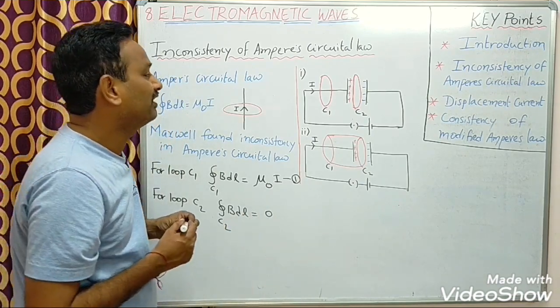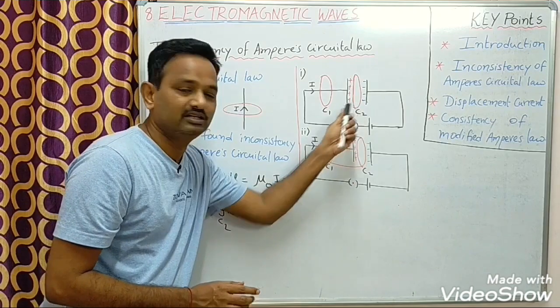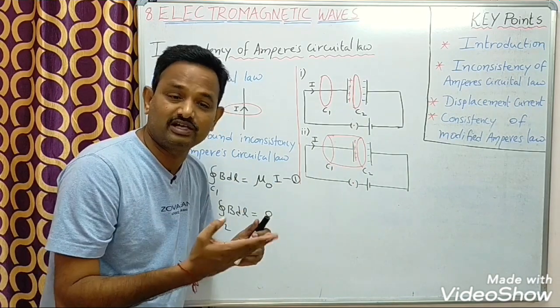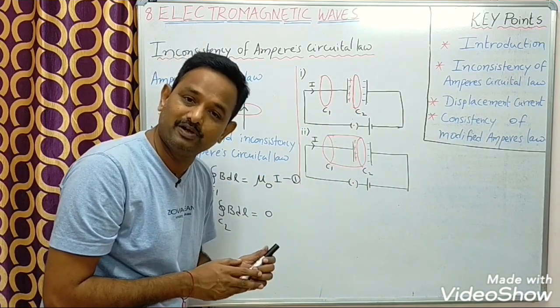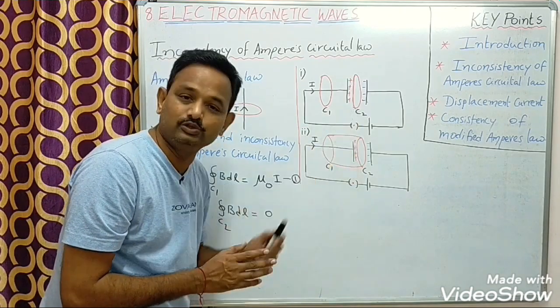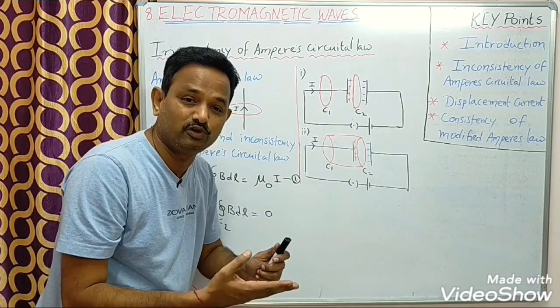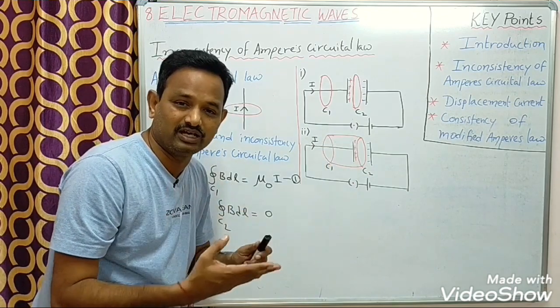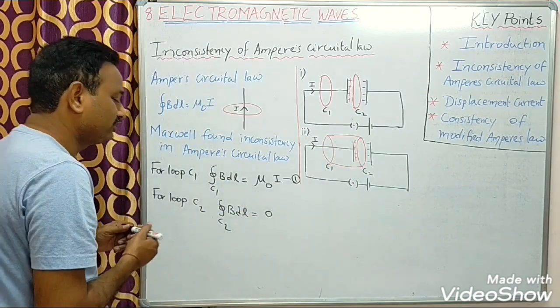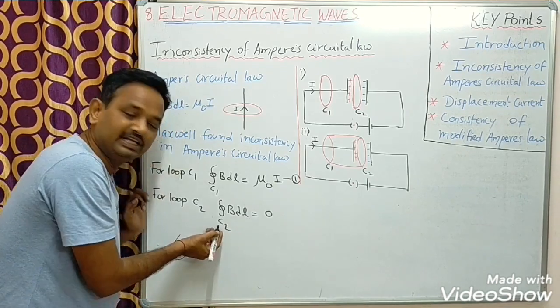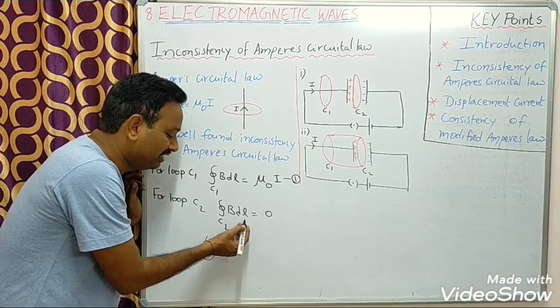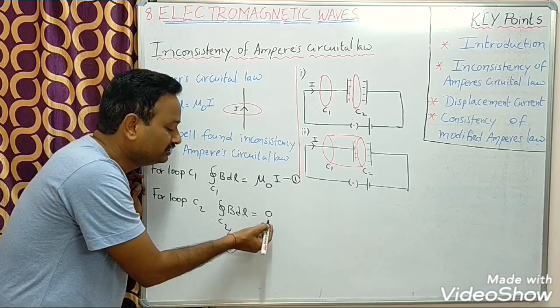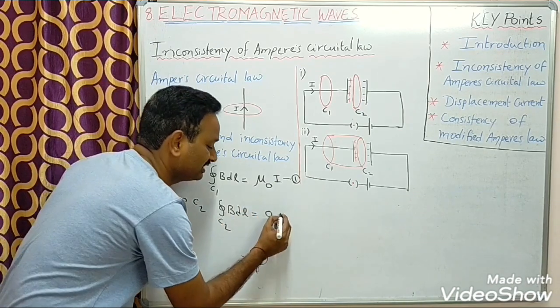Because while charging the capacitor, there is no flow of current between the plates of the capacitor. So through loop C2, there is no current flowing here. So we got the line integral of magnetic field around closed loop C2 as 0. This is equation 2.